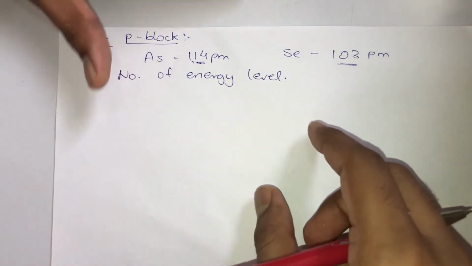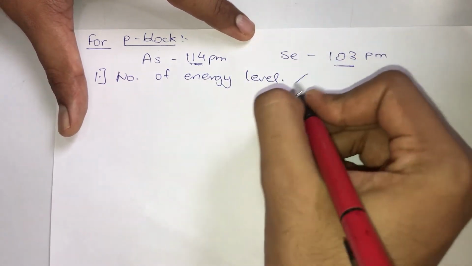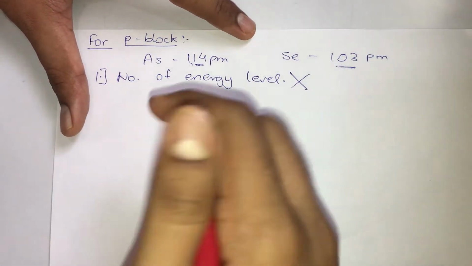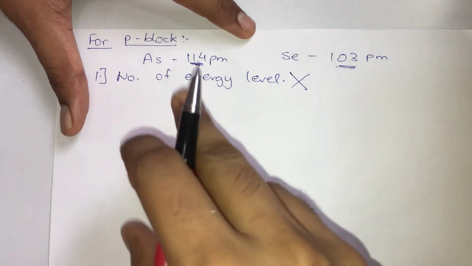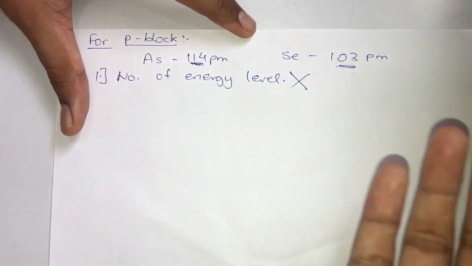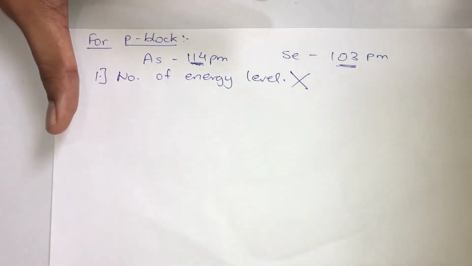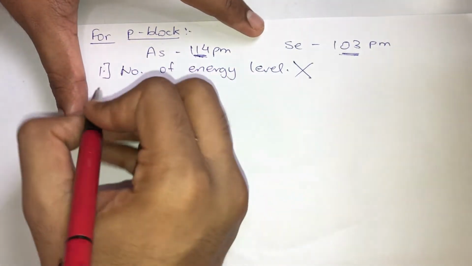Since the number of energy levels is the same, this cannot be the differentiating factor for the change in atomic radii. It is not going to happen that because of this factor the atomic radii is changing. Similarly, let's consider the second one.